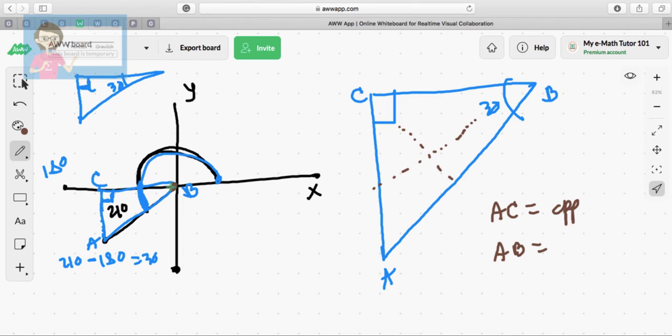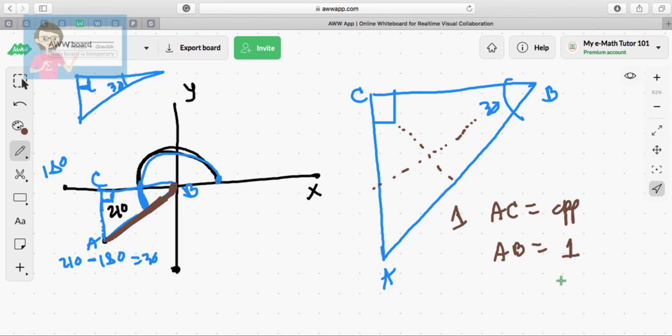Remember, it's called the unit circle because the circle has a radius equal to 1. So from here, I know that AB is equal to 1. By the way, in a unit circle, your hypotenuse is always equal to 1.